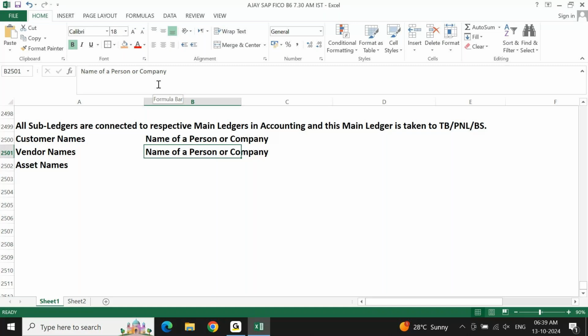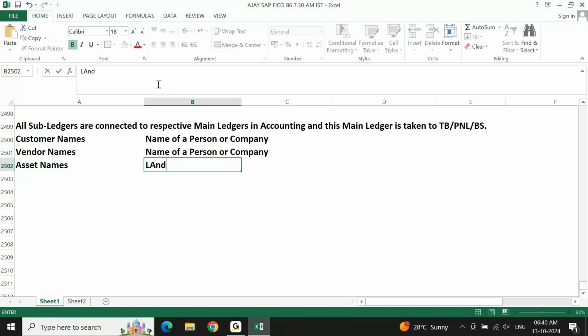So customer, vendor are the same. Based on the nature of a transaction, we need to decide whether it is customer or vendor. But the customer identification, vendor identification, in short, subledger identification is based on name of a person, name of an organization. Last one, when you're talking about asset name, it has got fixed terminologies here.